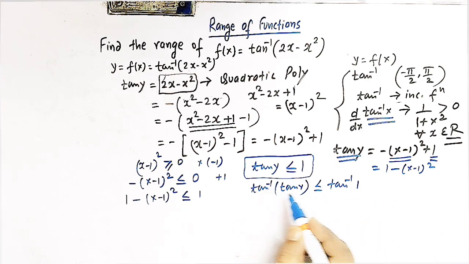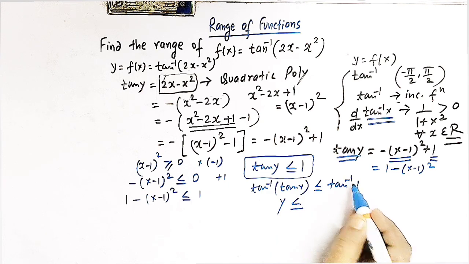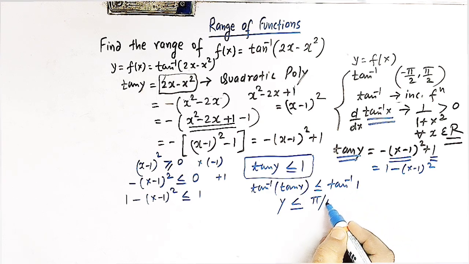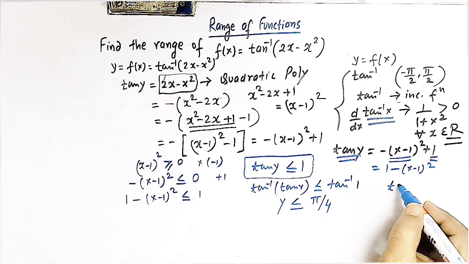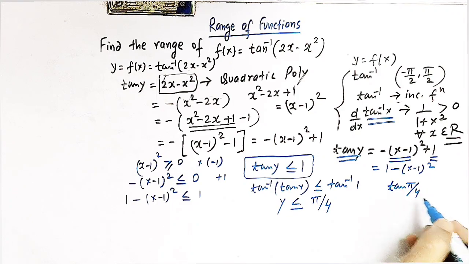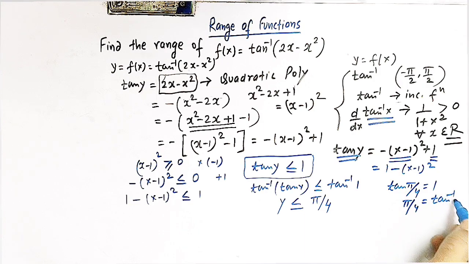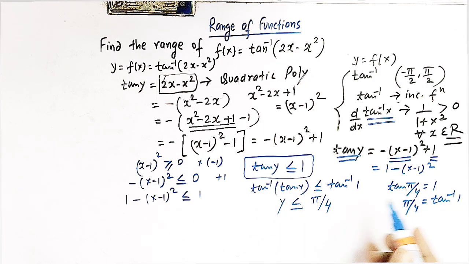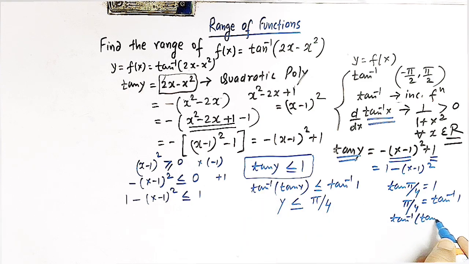So here tan inverse tan y is simply y, and here tan inverse 1 is pi by 4, because we know that tan pi by 4, that is tan 45 degrees, is equal to 1. So pi by 4 is equal to tan inverse 1. And from inverse trigonometric functions, we know that tan inverse of tan theta is equal to theta.